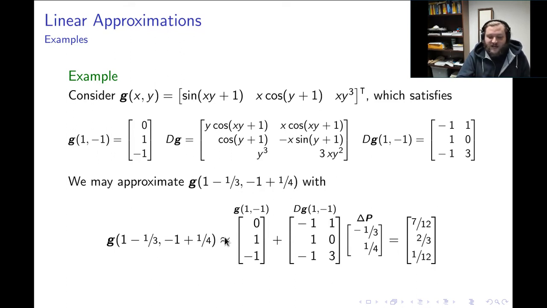My approximation says I should take the original output, which was 0, 1, negative 1, and then add the Jacobian derivative evaluated at the original input, this 3 by 2 matrix, multiplied by my change vector, which is negative 1/3, 1/4 in this example. When I do all my arithmetic, I get my approximation, this new vector, 7/12, 2/3, 1/12. So this is how we use matrix arithmetic to approximate outputs of functions in multivariable calculus.